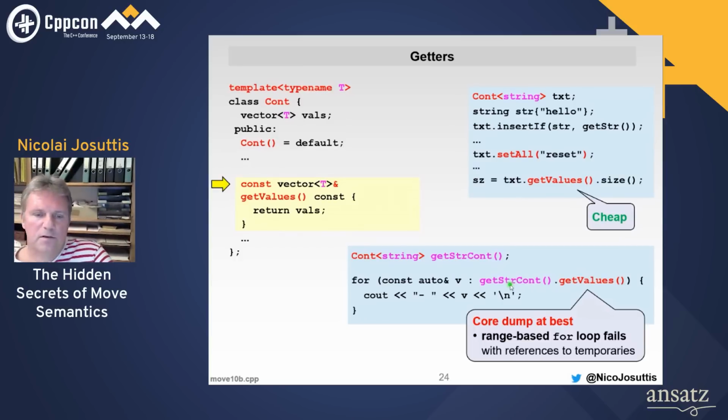The best you get here is a core dump, because then you see that you have a problem there. Because the range-based for loop, the way it is specified right now, has a significant problem with references to temporaries. If you have references to temporaries on the right side, and get values returns by reference.